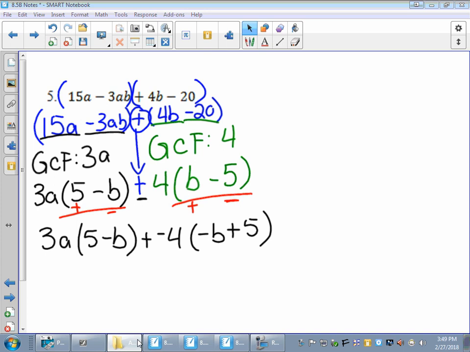Multiplied each part of that by a negative. Or another way to say that, instead of multiplying by a negative, you could say you factored out a negative. There was a negative buried in here with the b minus 5, and I said, okay, well, I need to factor it out. I'm going to make that a negative 4 instead of a positive 4.